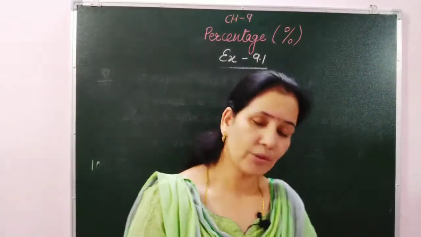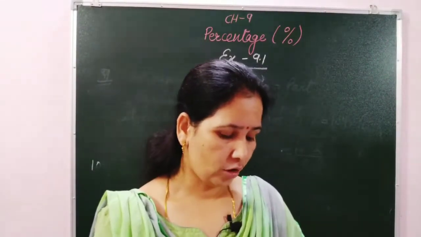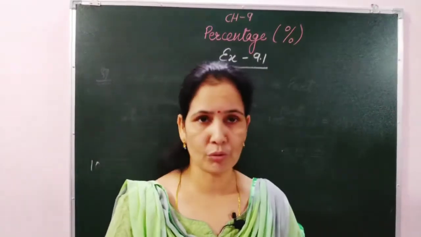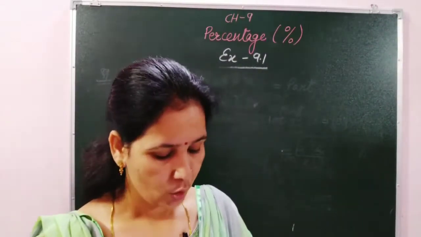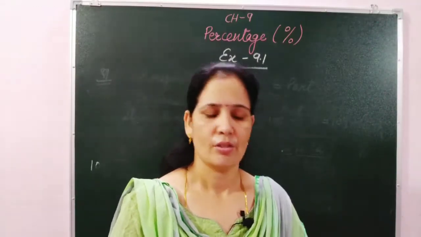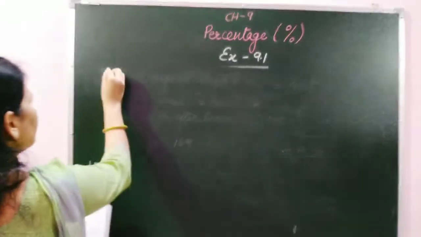In question number 2, they have given: if the enrollment in a school increased from 2160 to 2268, what is the percentage increase in the enrollment? So let's start this question.